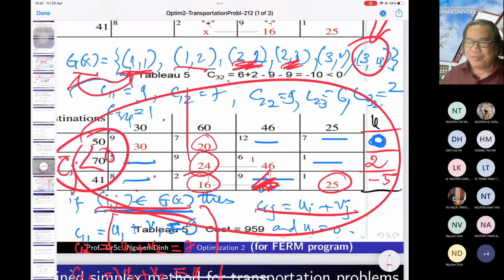No improvement anymore. Okay? So the criterion for stopping the algorithm is all C bar Ij with Ij not belonging to Gx greater than or equal to 0. Then we stop. And the BF solution we find at the last time is the optimal solution. That is the idea. Okay.